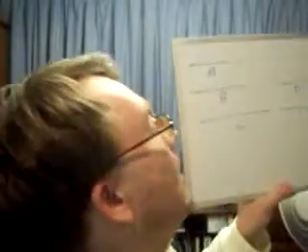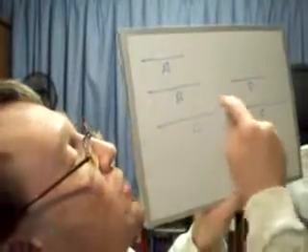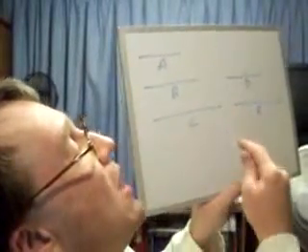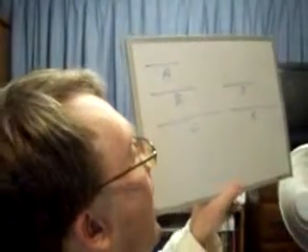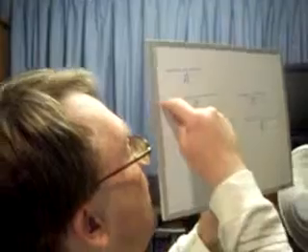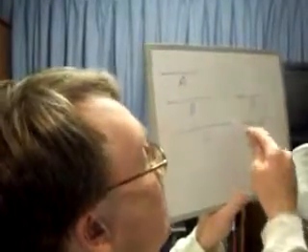And since B and C are commensurable and square only, and as B is to C, so as D is to E, B and C here are commensurable and square only. In other words, you have to square both of these in order to get them to be commensurable. And as B is to C, so as D is to E.